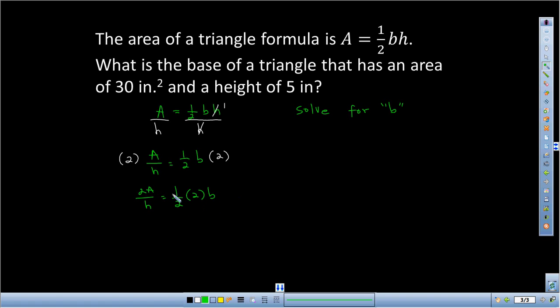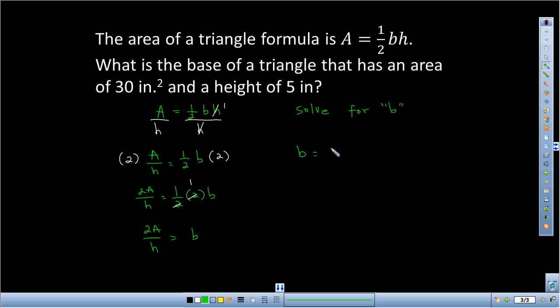The nice thing about the 1/2 multiplied by 2, because they're multiplicative inverses of one another, is that it makes 1. So now our equation is 2 multiplied by a, all divided by h, is equal to b. Now remember, we're trying to find the base of the triangle if we know the area and we know the height. So let's see if we can figure that out.